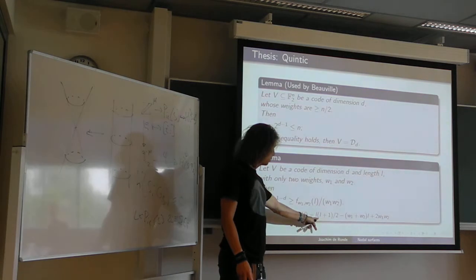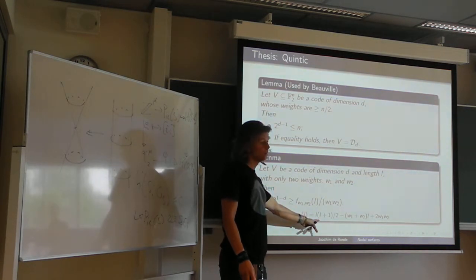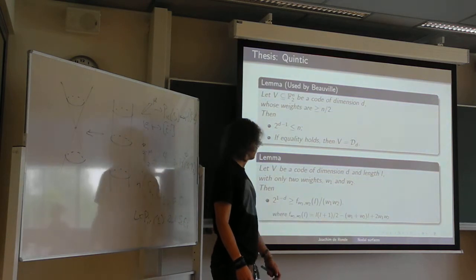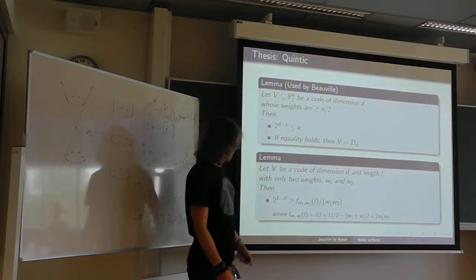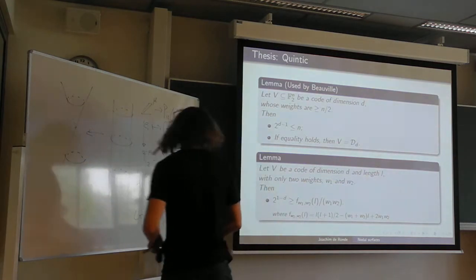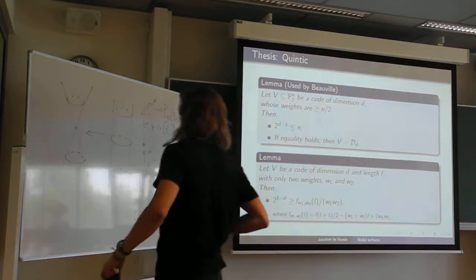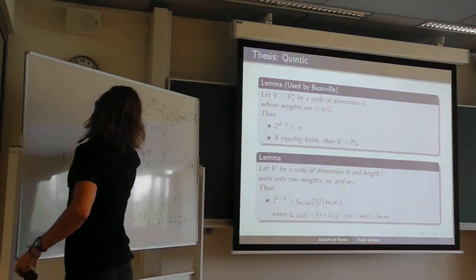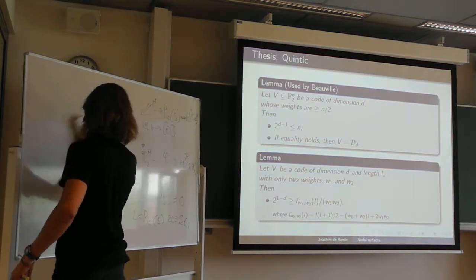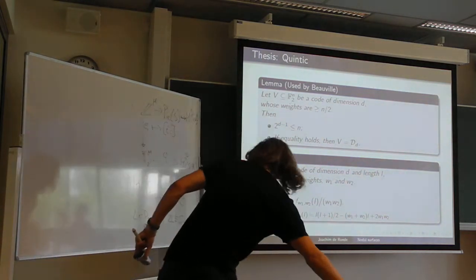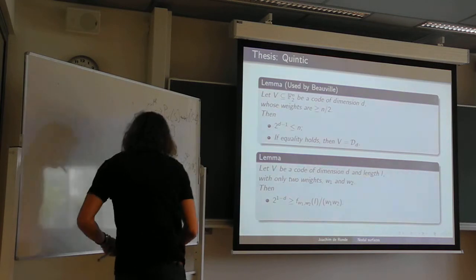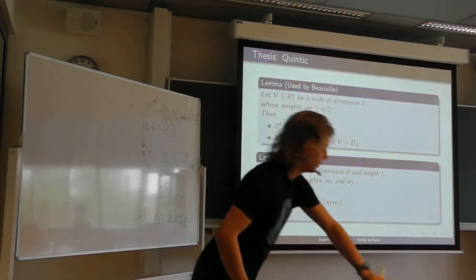It's a quadratic polynomial with a positive coefficient for its quadratic term, so it attains a minimum. And because this is a quadratic polynomial, one gets a parabola, which is a function of the length.